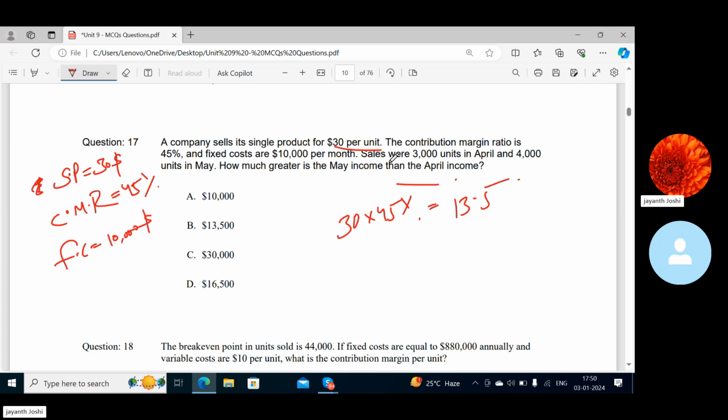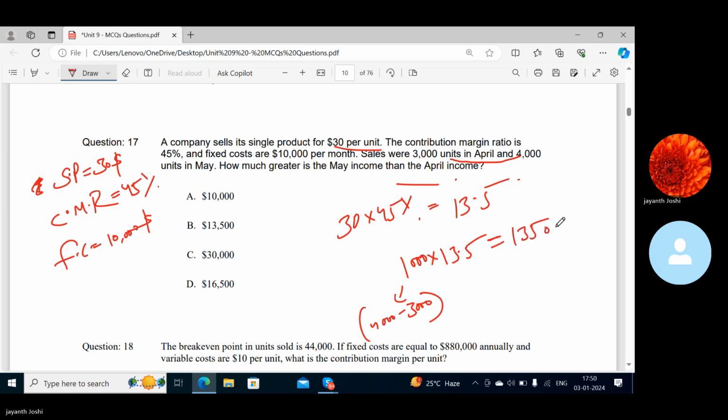Sales units were this much and this much, so the increment in sales units is 1,000. So 1,000 into contribution margin will give the incremental income: 13,500. Answer.